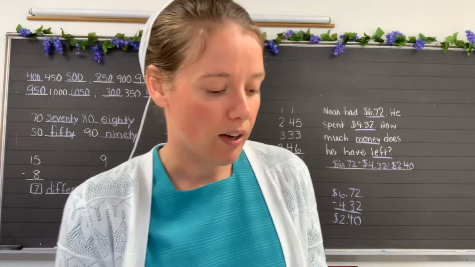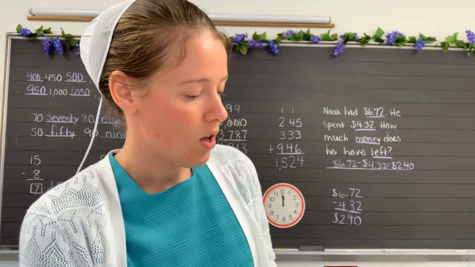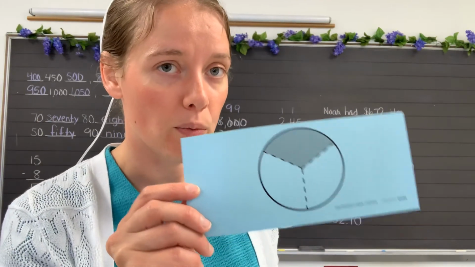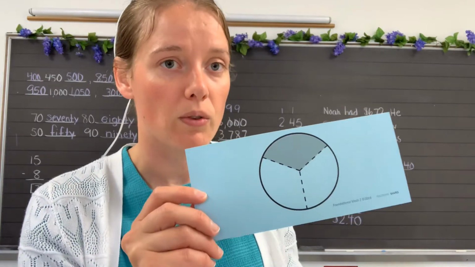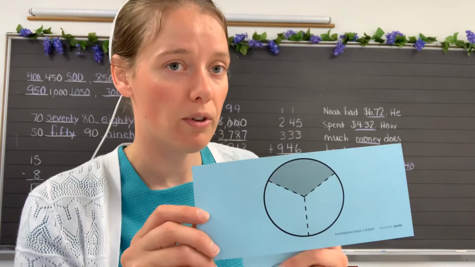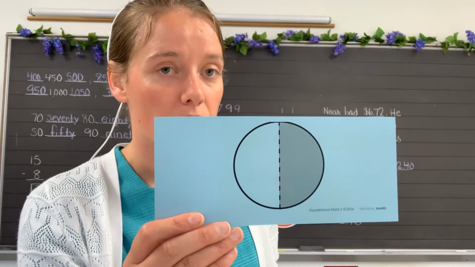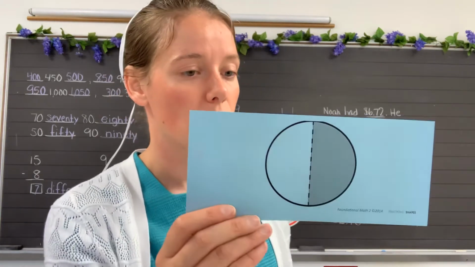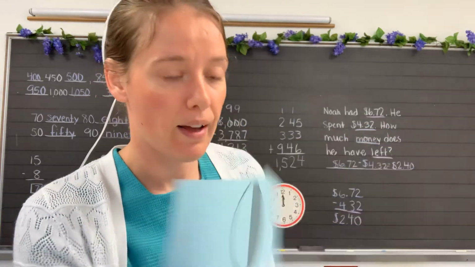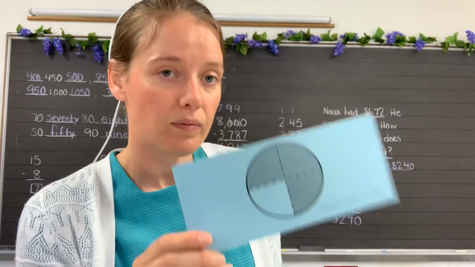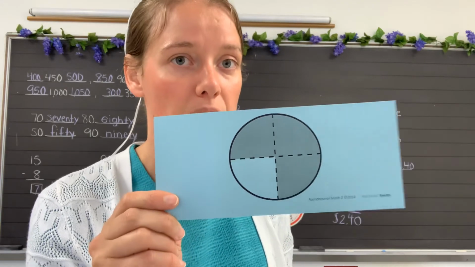And then you have your fractions here. So this is 1/3. 1/3 is shaded. It has 3 parts altogether, and 1 is shaded, so 1/3 is shaded. 1/2 is shaded here, 2 parts, and 1 is shaded, so it is 1/2. 3/4 of this one's shaded.